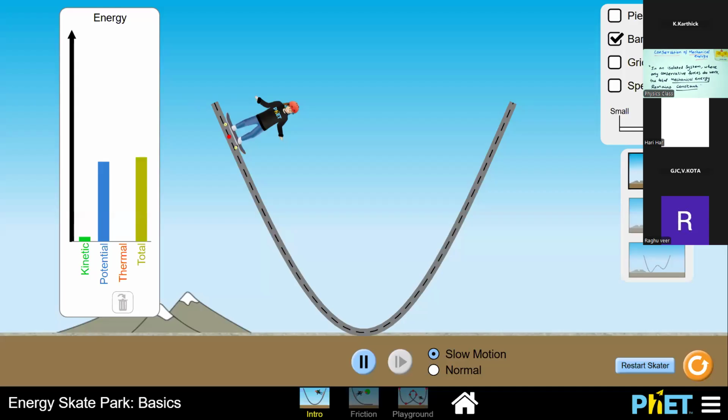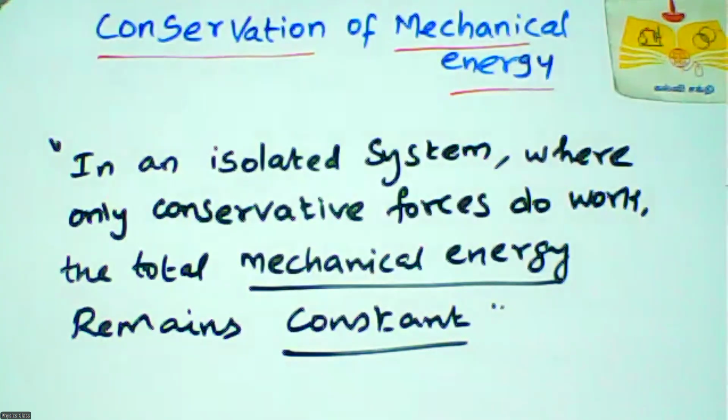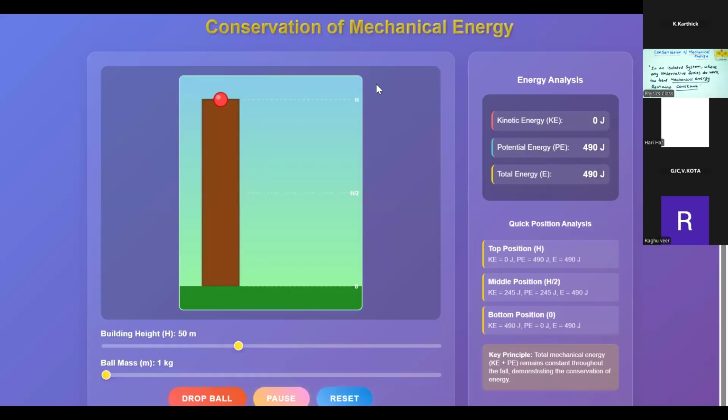So let me show you another simulation, which is related to the conservation of mechanical energy. Here you can see one building at some height, 50 meters or 40 meters.